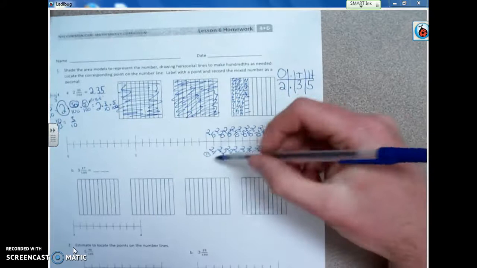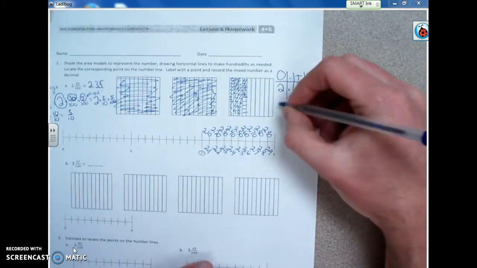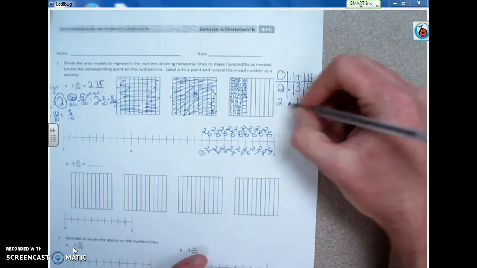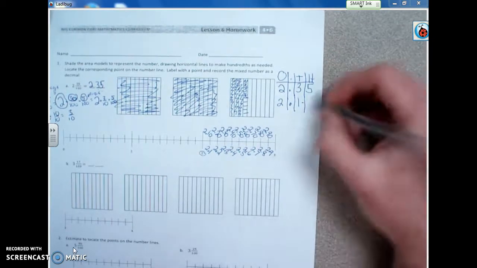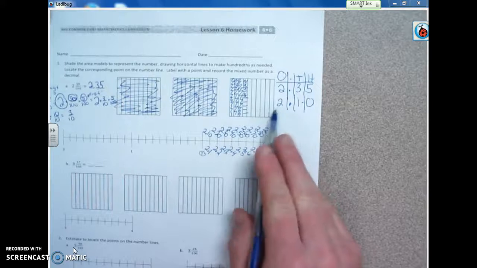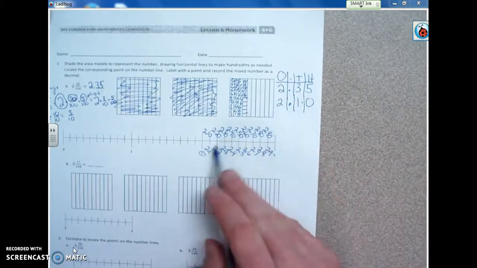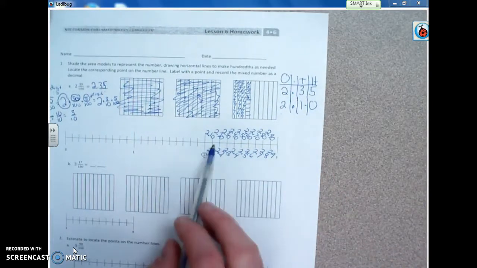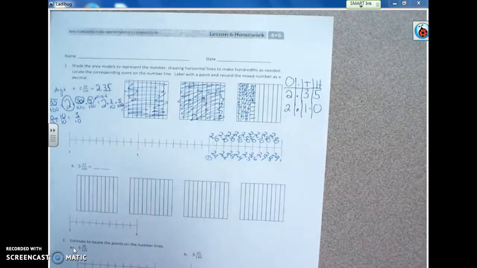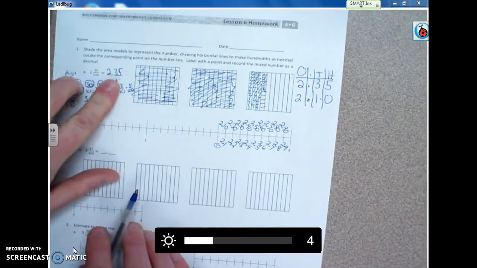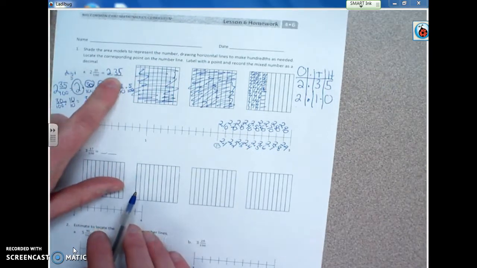These are equivalent. These are the same. If I have something like 2 and 1 tenth, that means I have 0 hundredths. So I could also say 2 and 10 hundredths. That's why those are equivalent. Here I have 1 tenth and 0 hundredths. That's the same value. So if I look now, I have 35 hundredths up here.